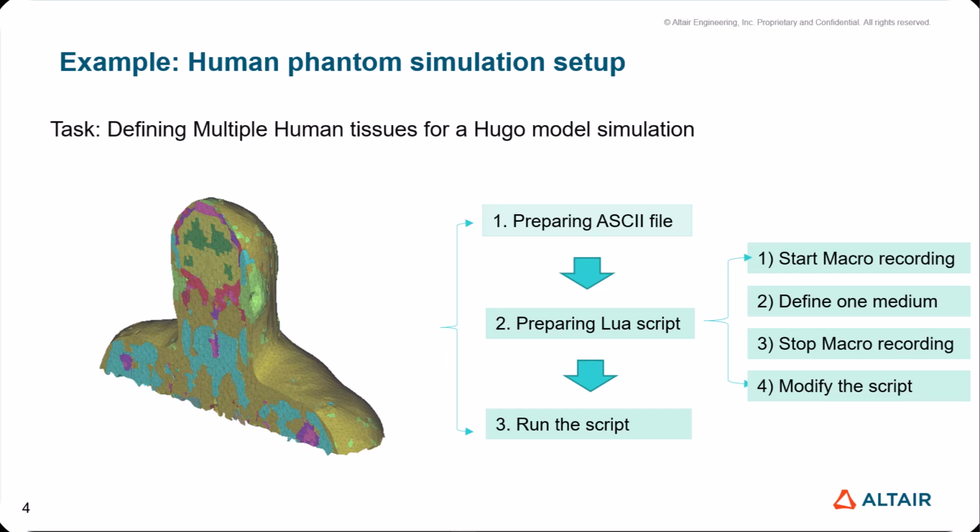Step 2 is preparing the Lua script by starting macro recording, defining one medium, stopping macro recording, and modifying the script. Finally, if we run the final script, we can define all the multiple human tissues by one click.